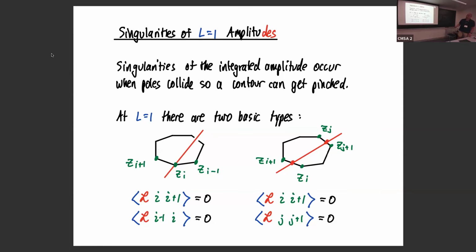That means that both of these conditions are satisfied. Or you can have that the line passes through two segments of your polygon, which could be adjacent or far apart. And then these two conditions are satisfied.